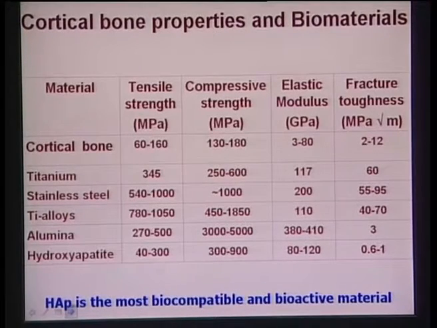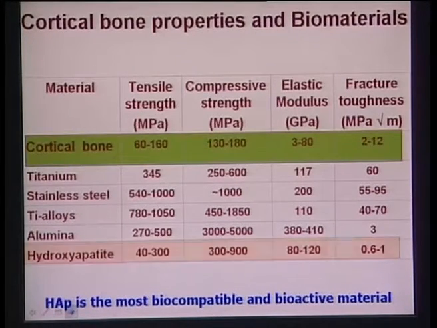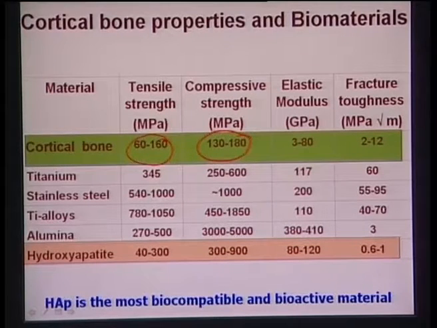Now as I said, the development of new generation biomaterials is driven by certain factors. What are those factors? First, if you look at the cortical bone, that green row, you notice that depending on anatomical location, you have a range of properties which includes tensile strength 60 to 160 megapascal, compressive strength 130 to 180 megapascal, fracture toughness 2 to 12 MPa square root meter, and elastic modulus 3 to 80 gigapascal.